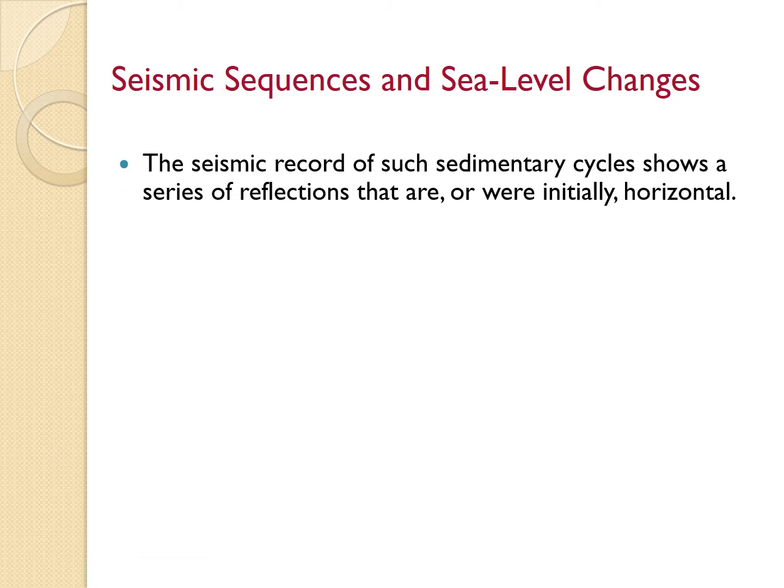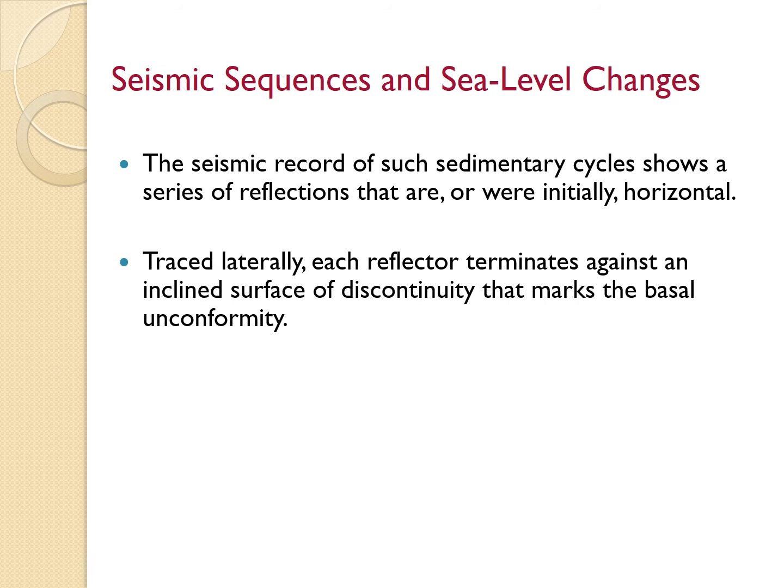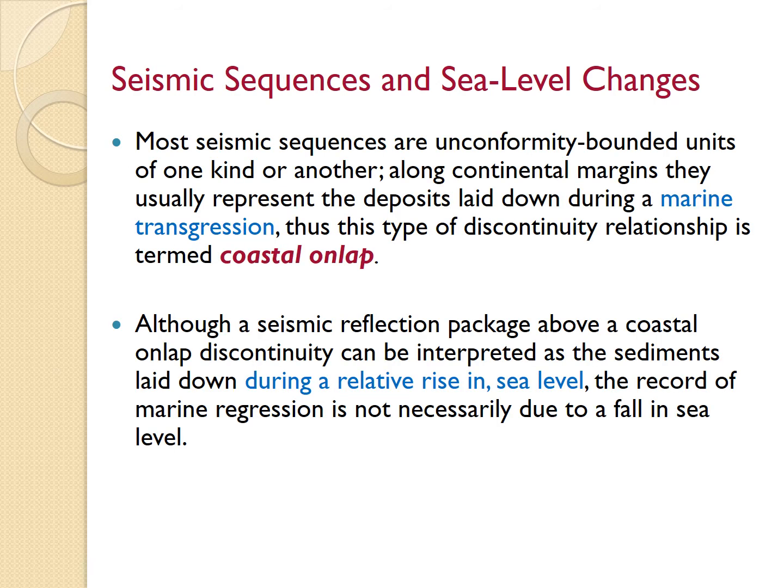The seismic record of such sedimentary cycles gives us an idea about a series of reflections that were initially horizontal, then something happened. And most sequences are unconformity bounded units of one kind or another.